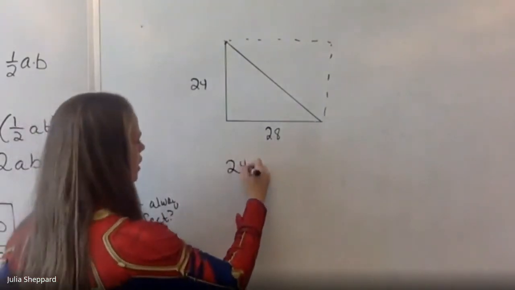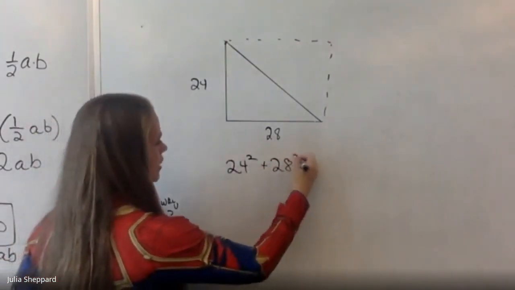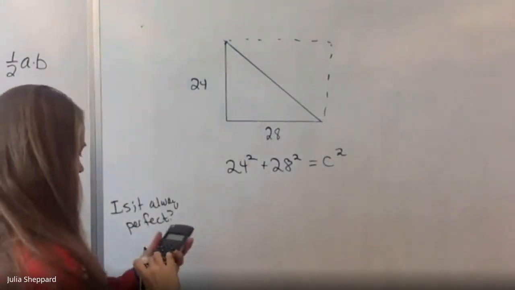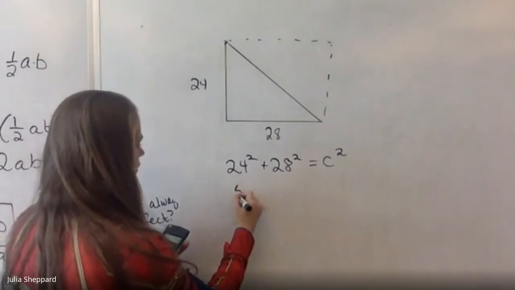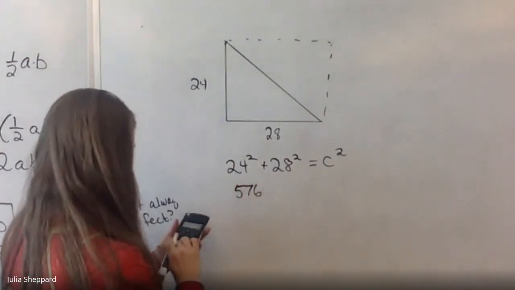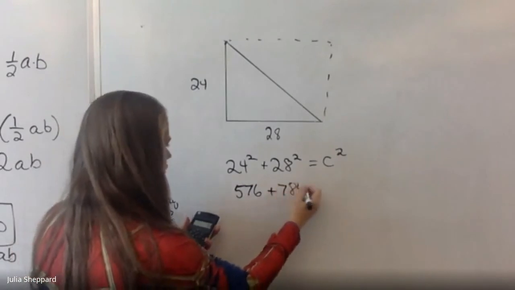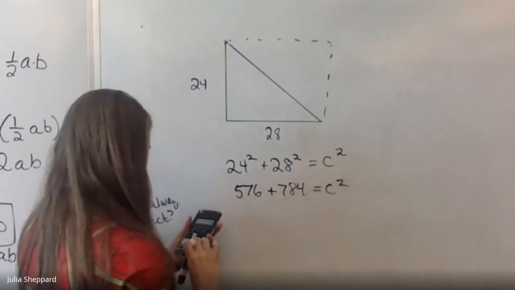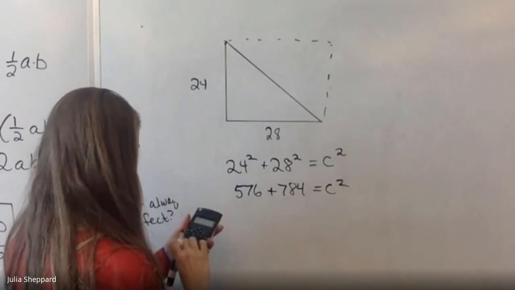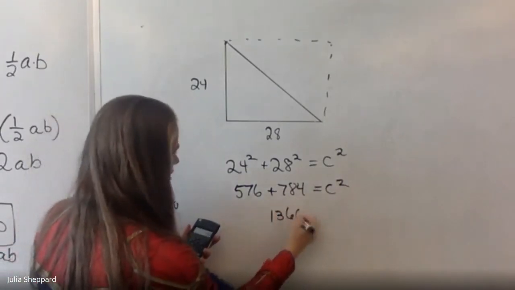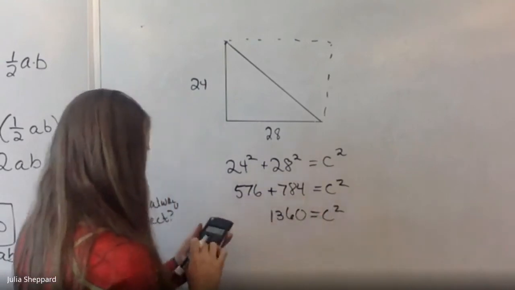So 24 squared plus 28 squared equals c squared. Calculator time, 24 squared, 576, 28 squared, 784. And then I add them together. 1360. And then I take the square root.